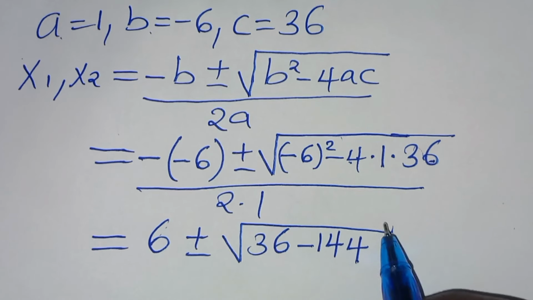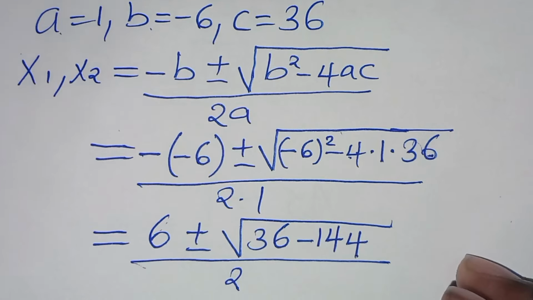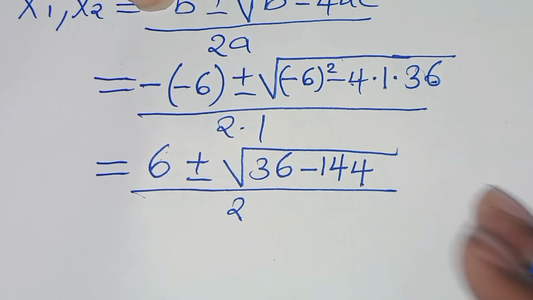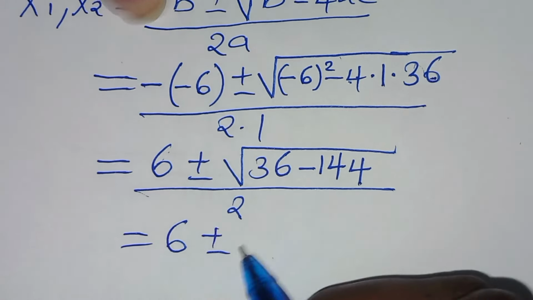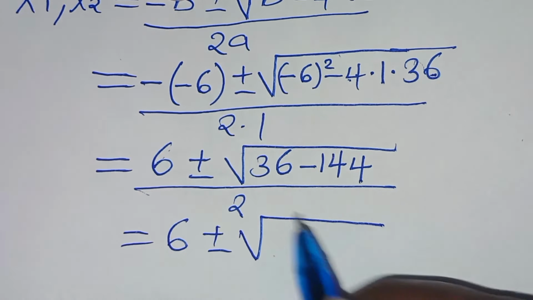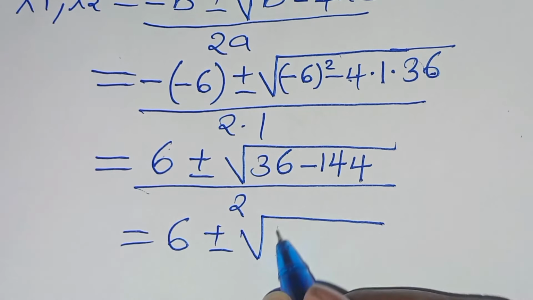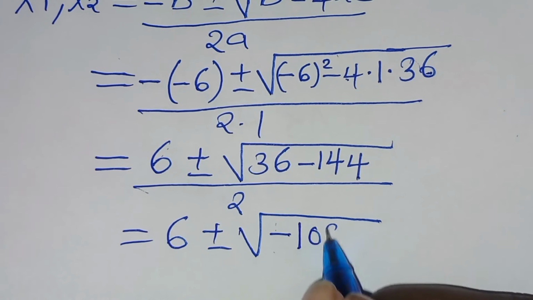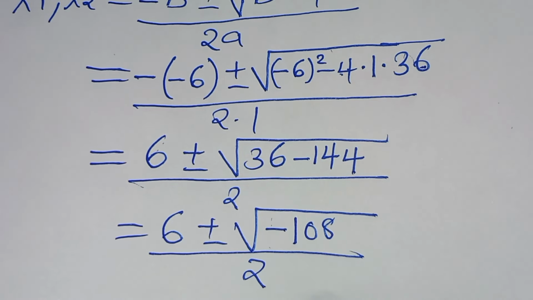So we have 144 divided by 2. So here we have 6 plus or minus the square root of 36 minus 144, this is minus 108, everything divided by 2.